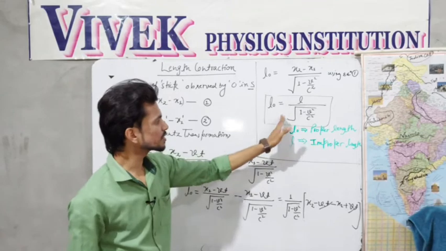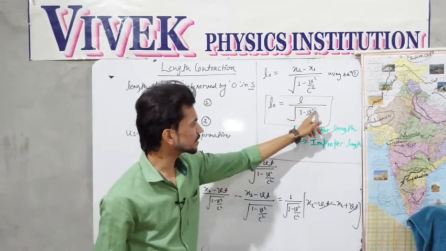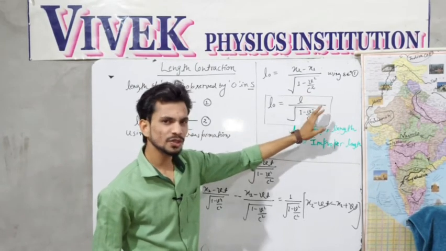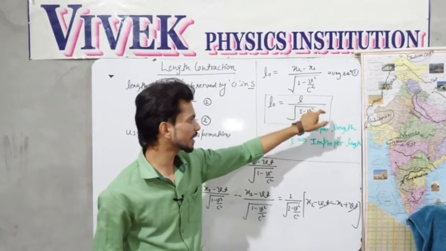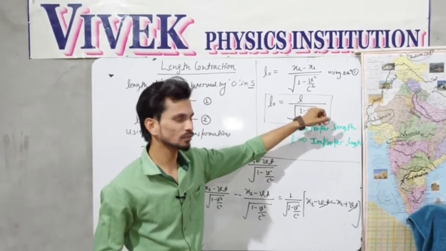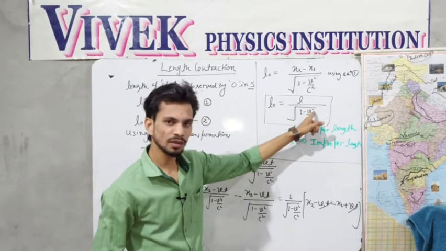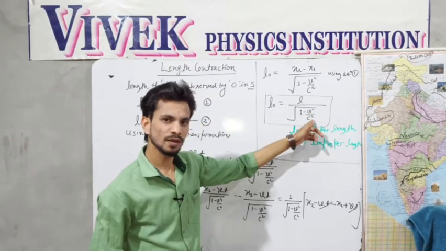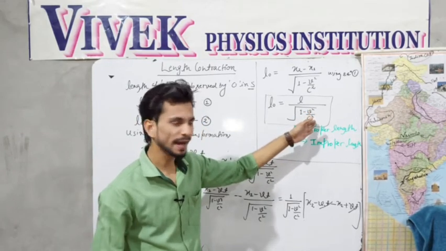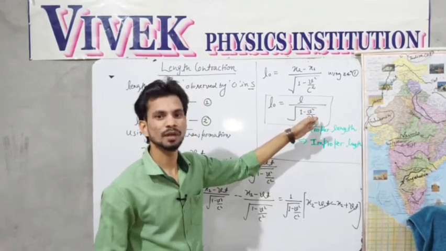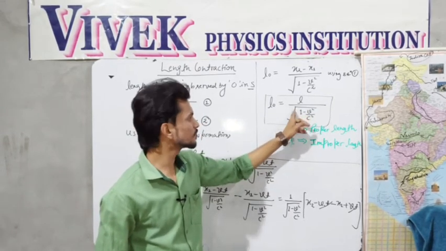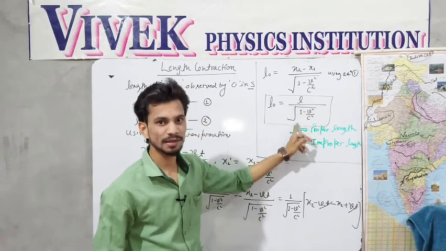Now mathematically you can see here this factor, this is 1 minus v square over c square. Now if the velocity v of the S dash frame of reference is very small, then it will be divided by c, so it will become smaller, and its square will become smaller still, and this complete factor will be subtracted from 1. So this complete factor will be very less.